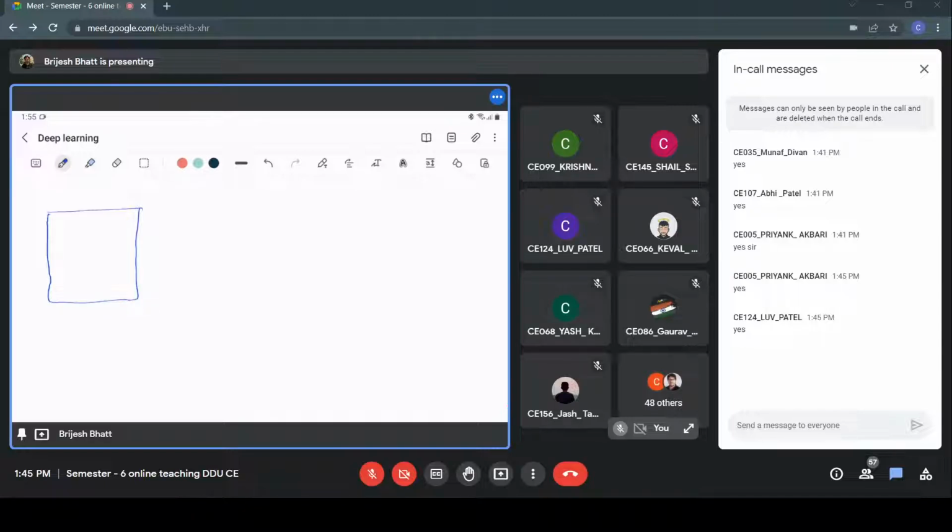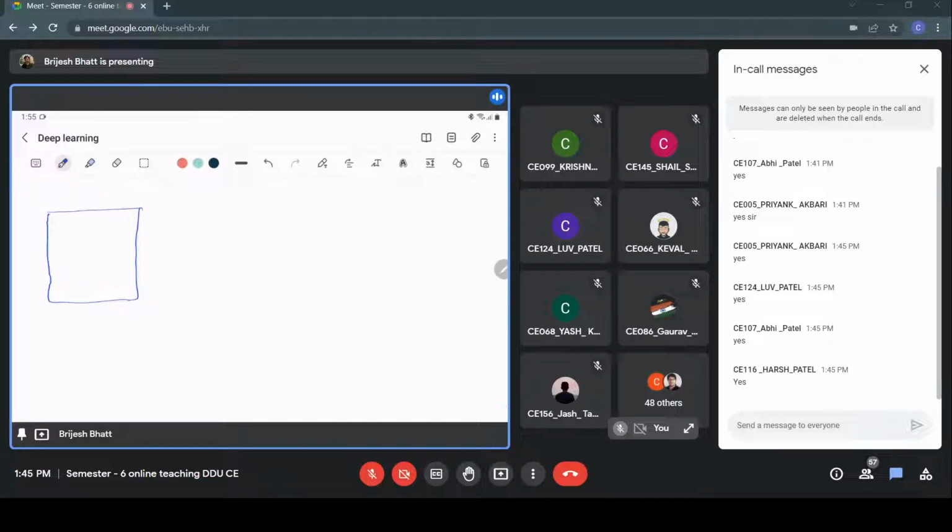Okay, so last time we said that let's say there is an image, some n cross n image. And as we said, if we give it directly to the neural network, a multi-layered feed forward network, then the number of inputs will be equal to the number of pixels.